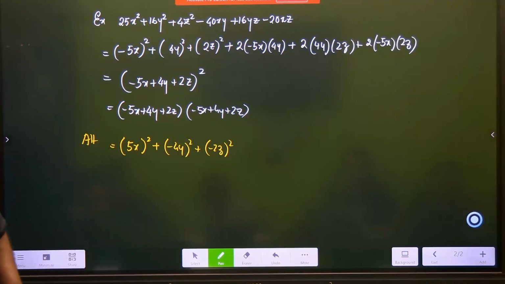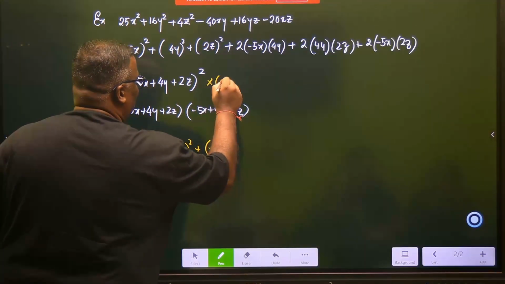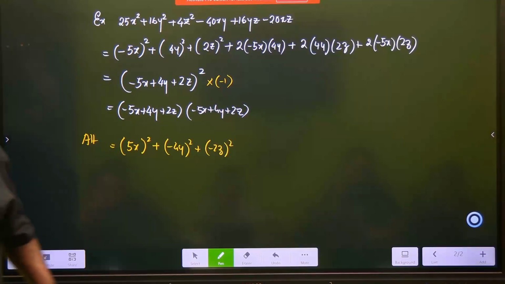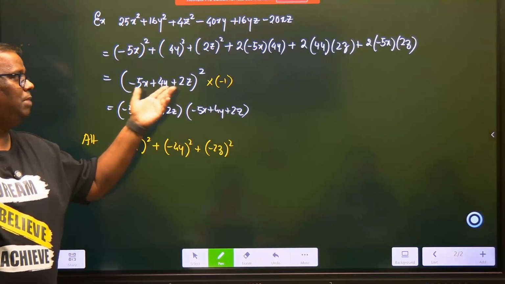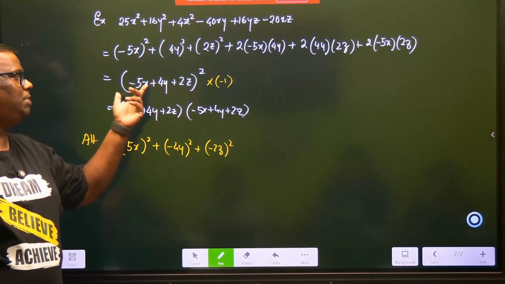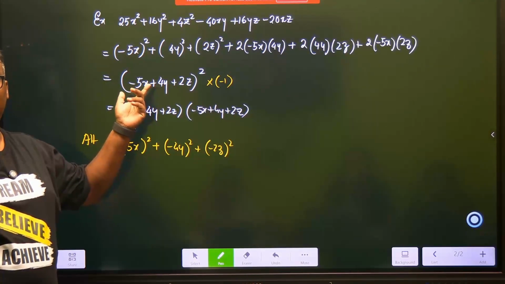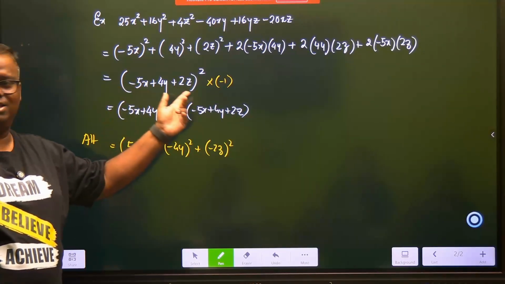And for your kind information, if I multiply and divide this with -1, -1 means there is a square, right? So you put the -1 inside. So -1 square is how much? 1. But the signs change.